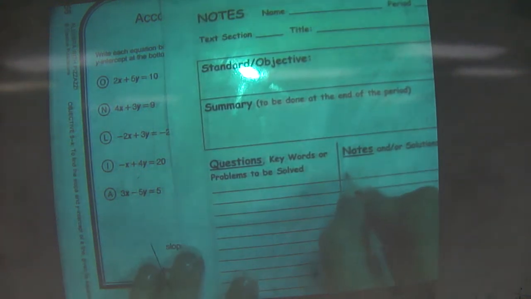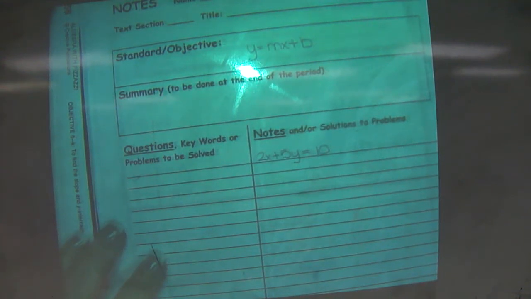if we look at the first problem, which is 2x plus 5y equals 10. And we know our objective is to put things back in y equals mx plus b, which is the slope-intercept form.